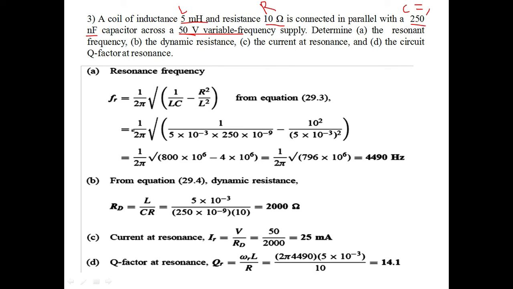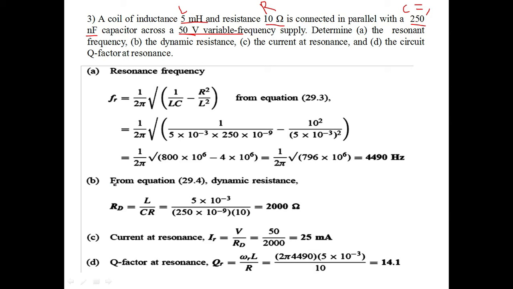Here L is 5 into 10 raised to minus 3, 5 millihenry, into C, which is 250 into 10 raised to minus 9, minus R square, 10 square upon 5 into 10 raised to minus 3 squared. This is equal to 1 upon 2 pi root of 800 into 10 raised to 6 minus 4 into 10 raised to 6.